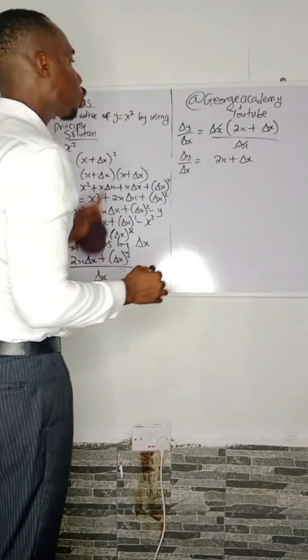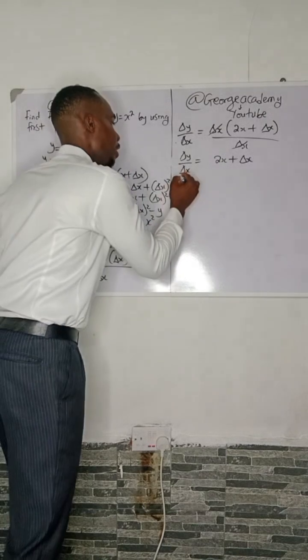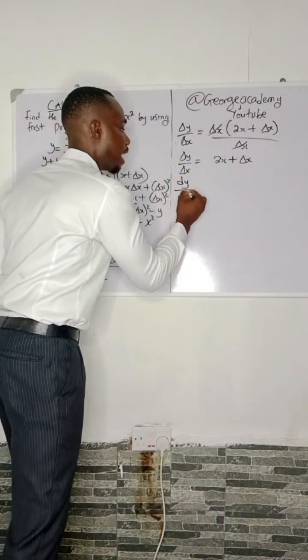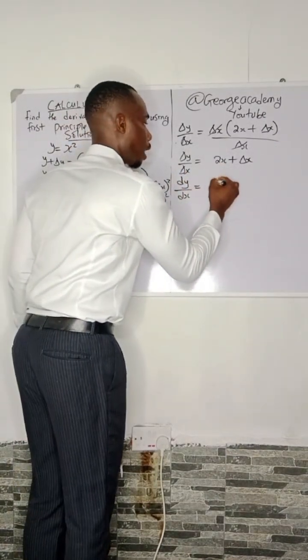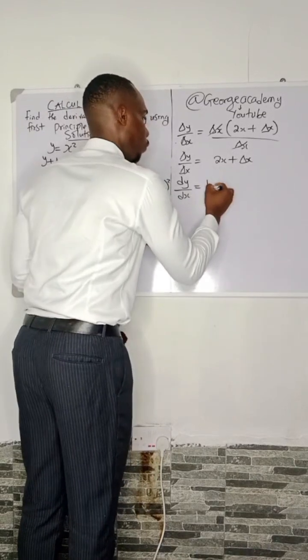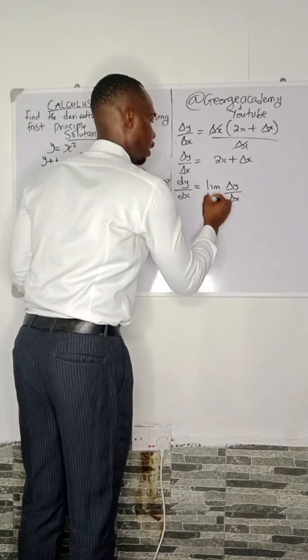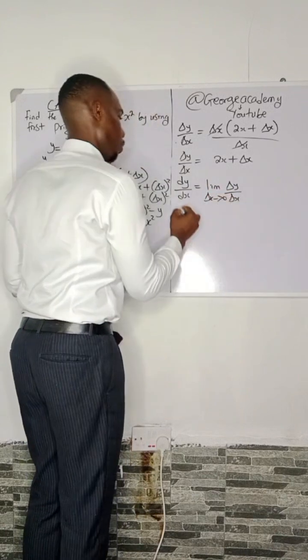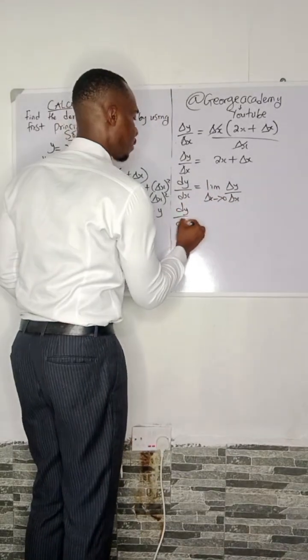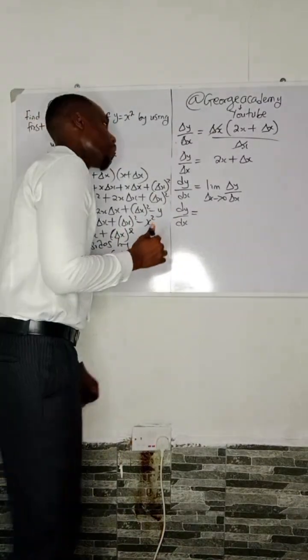Again, we are not told to find delta y over delta x. We are told to find the differential. So dy over dx is equal to the limit of delta y over delta x as delta x tends to 0. So anywhere we see delta x in the equation, we replace it with 0.